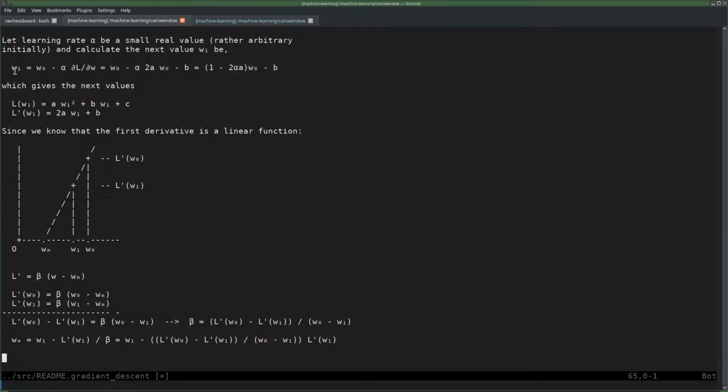If you set alpha here to beta, then you would get exactly one more step and you're done. What? I lost it. I don't know what I did.